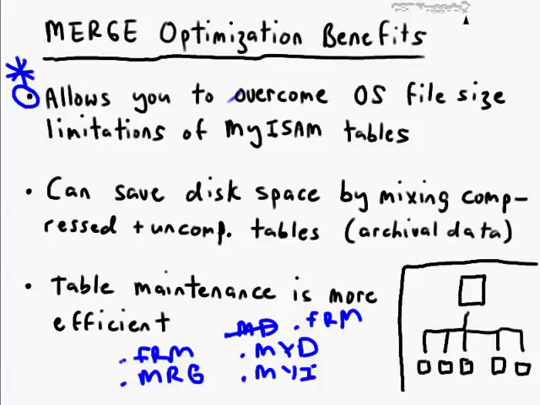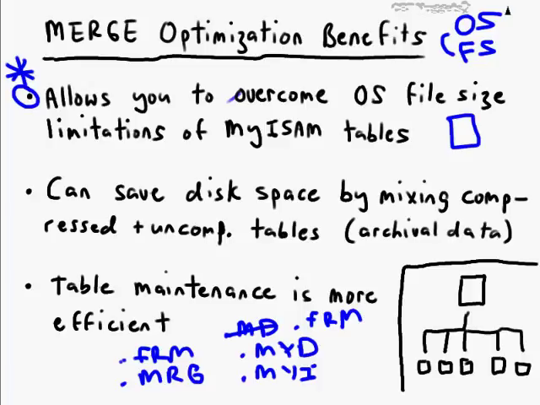Depending upon your operating system on which MySQL Server is running, and depending upon the file system that the OS is sitting on, you may be dealing with a cap as to the maximum size that .MYD file can grow. Now, in the previous nugget where we talked about row pointers, remember I mentioned that as of MySQL 5, we have those 6-byte row pointers, and we can grow our MYD file, our table file, to just well over 200 terabytes theoretically.